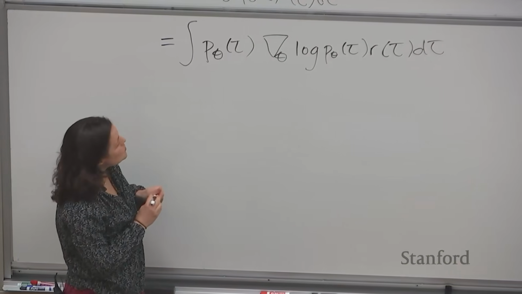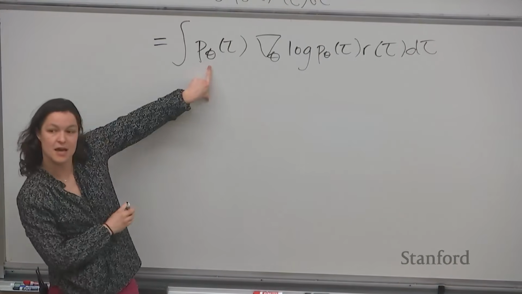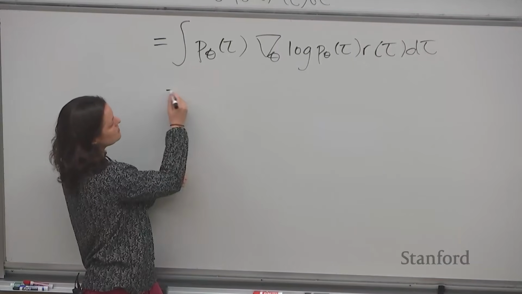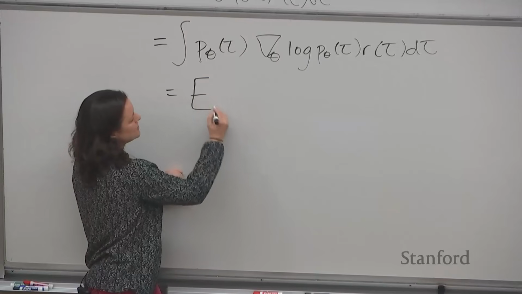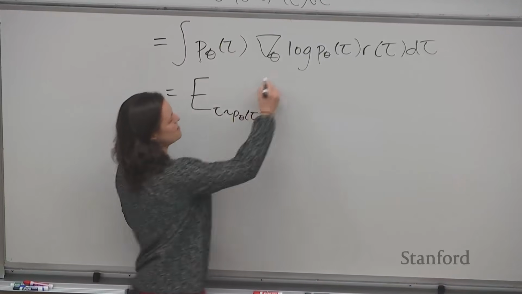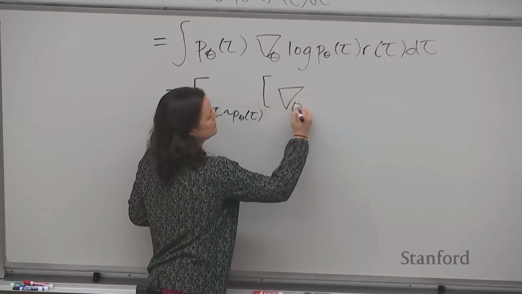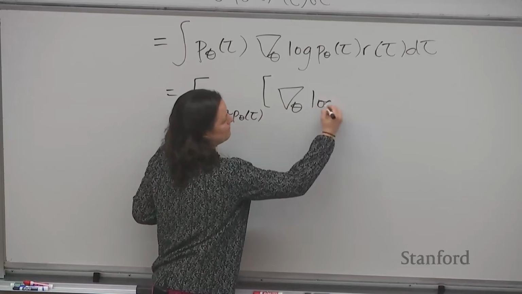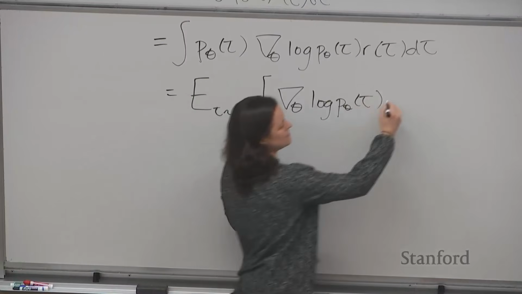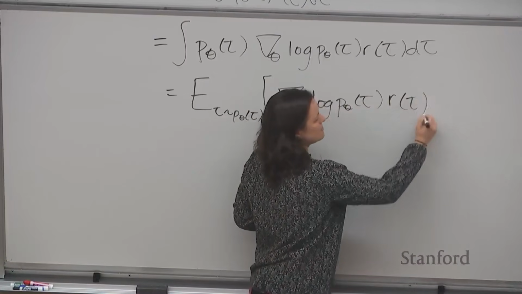This is useful because we can now represent it as an expectation. So this is equal to an expectation, with tau sampled from p theta of tau, of grad log p theta of tau times R of tau.